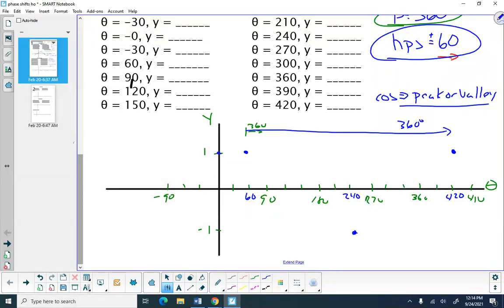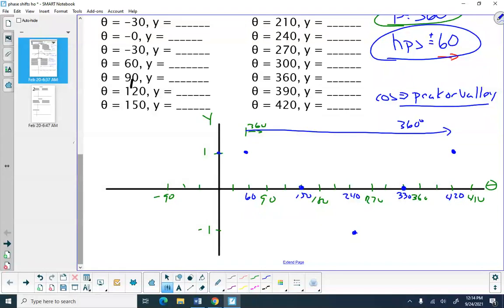We get 300 divided by 2. We should get 150. We'll be on the prime axis. And then between 240 and 420, add them together, we get 660. Divide that by 2, we get 330.